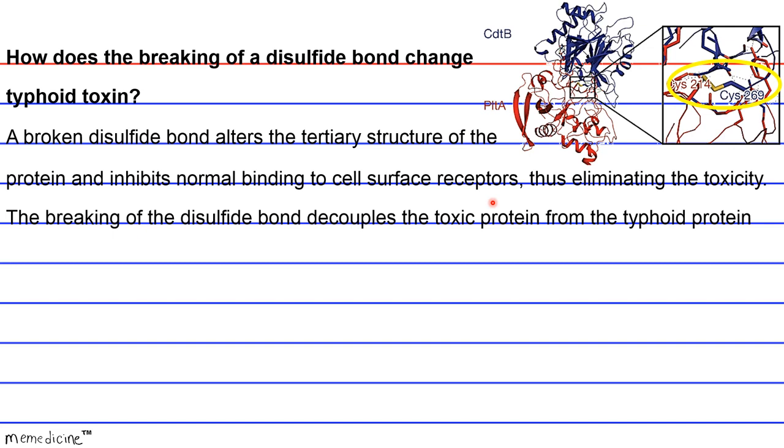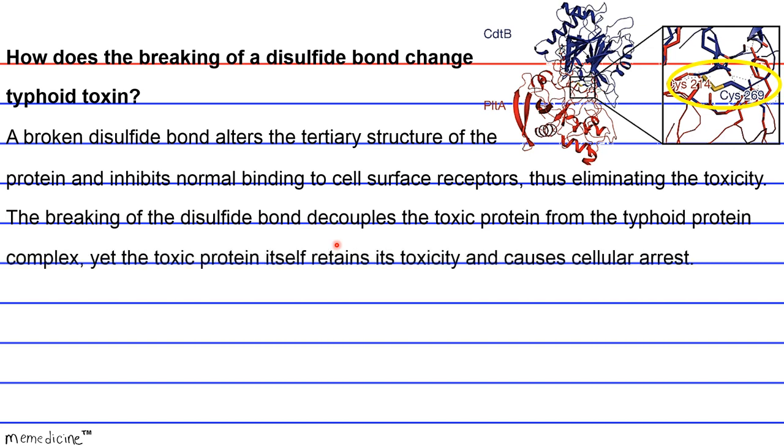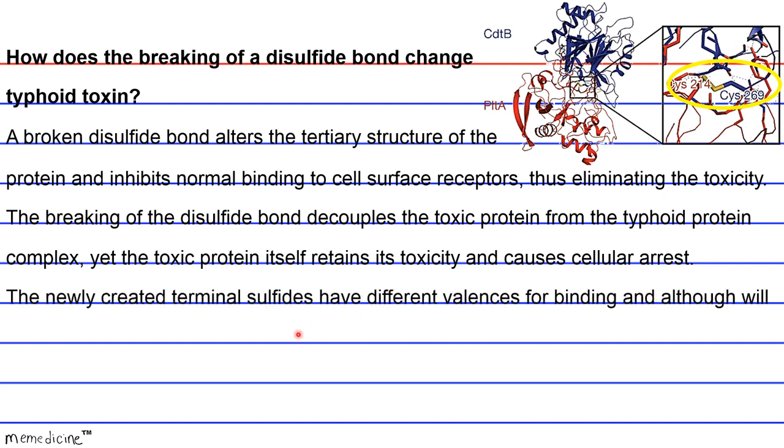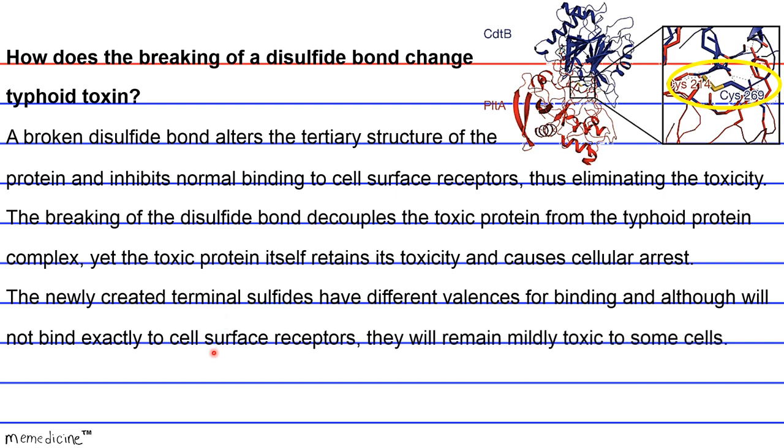Is it B, the breaking of the disulfide bond decouples the toxic protein from the typhoid protein complex, yet the toxic protein itself retains its toxicity and causes cellular arrest? Or is it C, the newly created terminal sulfides have different balances for binding and although they will not bind exactly to cell surface receptors, they will remain mildly toxic to some cells.